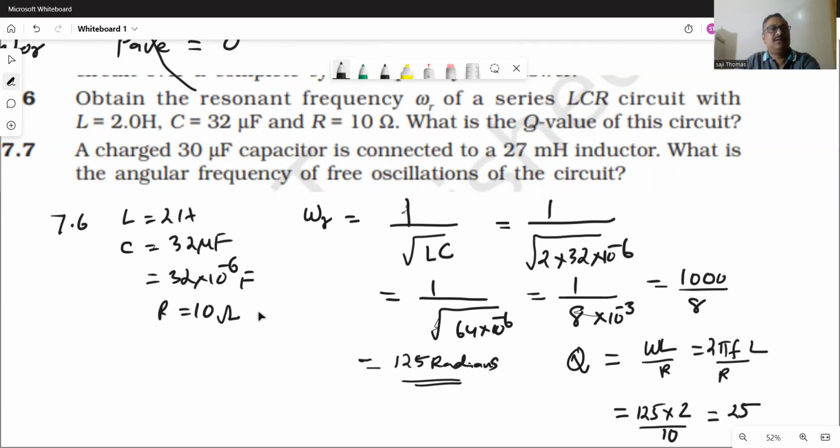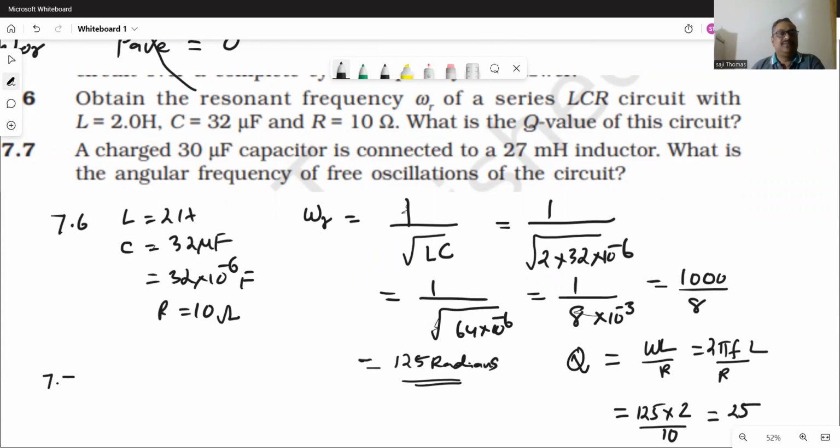Now see the question number 7.7. A charged 30 microfarad capacitor is connected to a 27 millihenry inductor. What is the angular frequency of oscillations of the circuit? See here, capacitance and inductance are given. Angular frequency, same equation as in the previous question. Omega R equals 1 by root LC.